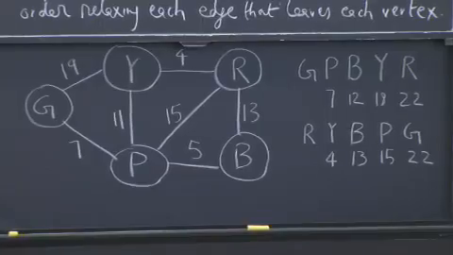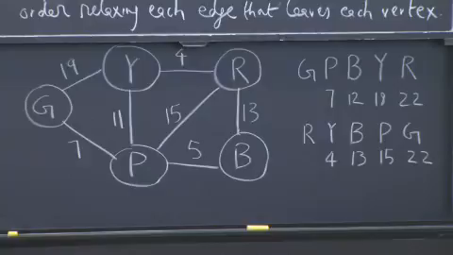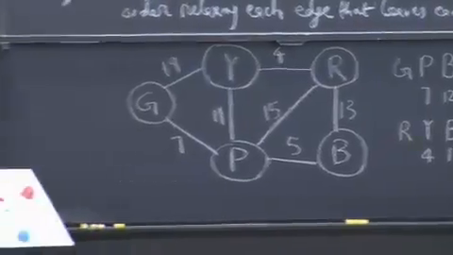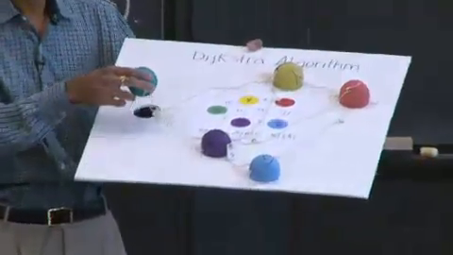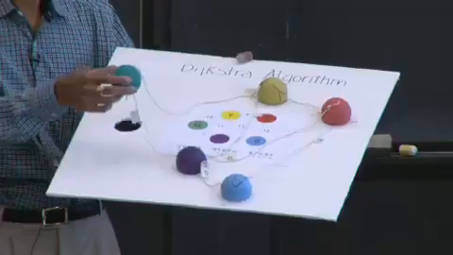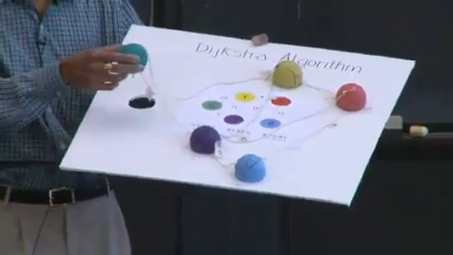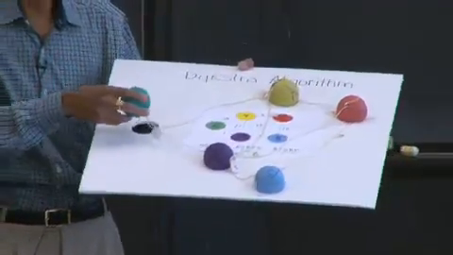And that's the closest node to G. And then the next closest node is the blue one, which is B, which is 12, 7 plus 5, and so on and so forth. And if this all works, and I haven't tried this out because this is a one-use demo. Once I put this up, the strings get so tangled up, it doesn't work anymore. So that's why I had to lug these over. This is not a computer reversible kind of thing.